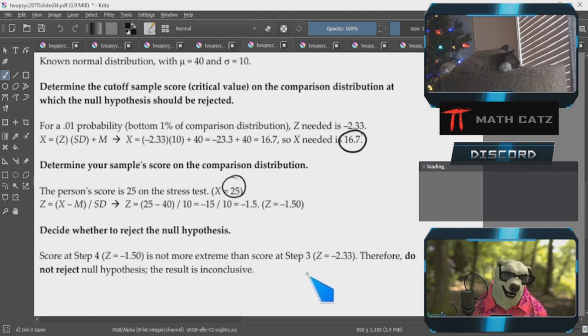So it's not a matter of if it occurs to the left or to the right. It's a matter of if it's more extreme or not, right? Because it can be on either side. It depends on the situation. Sometimes I have the right tail, sometimes I have the left tail, and it's a question of being more extreme. Therefore, I do not reject the null hypothesis.